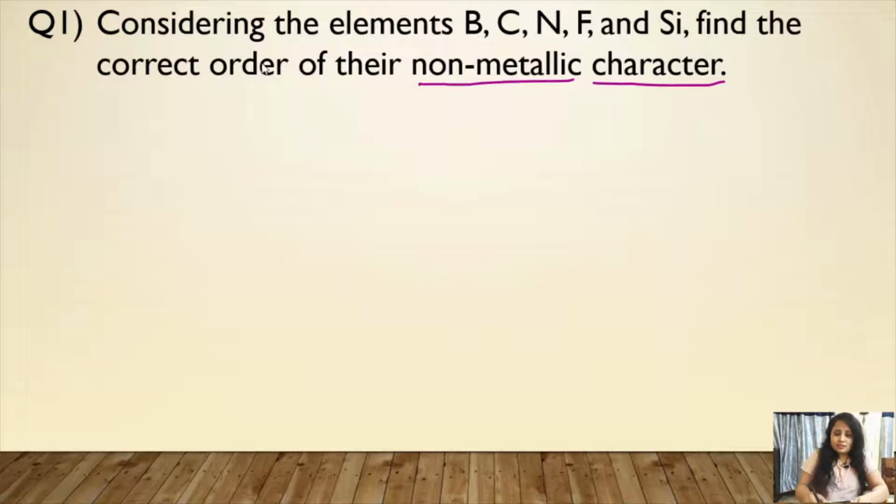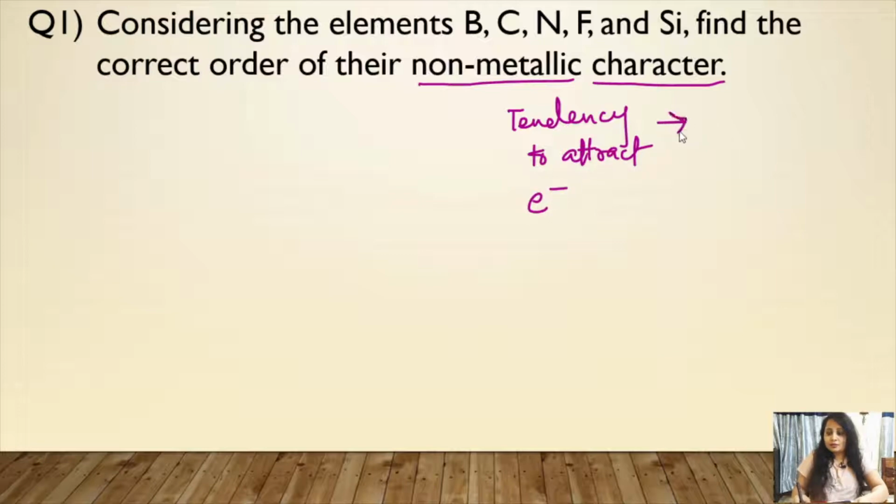So we can say that the tendency to attract electrons is called electronegativity, and this in return is called non-metals.